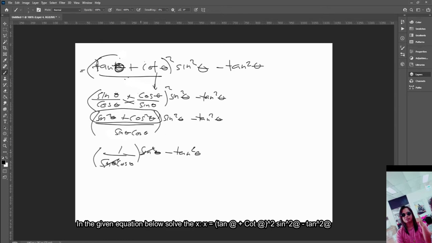Okay, so you can say that then multiply, since this is squared here and this is 1, even if you cancel this one, there should be 1 remaining sine. So then multiply it here, this is going to be sine theta over cosine theta minus tangent.